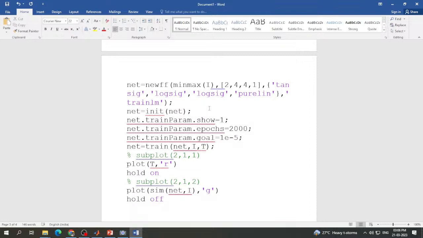So what are the parameters required to train that? First is minmax of I. Why minmax? Because it has to get the information regarding the minimum and maximum present in the input, so that it can scale all other parameters. Then 2441. This is my ANN architecture.